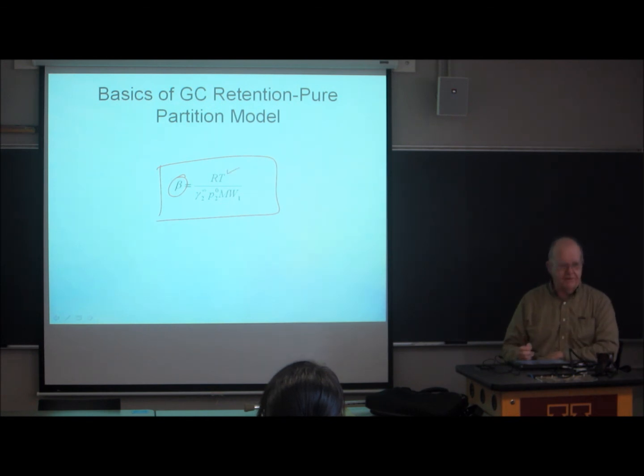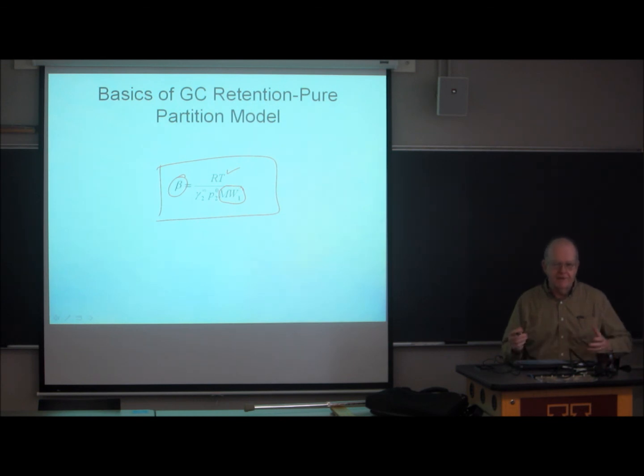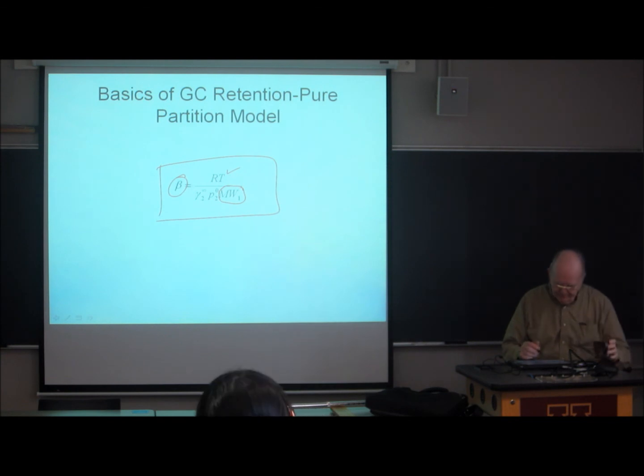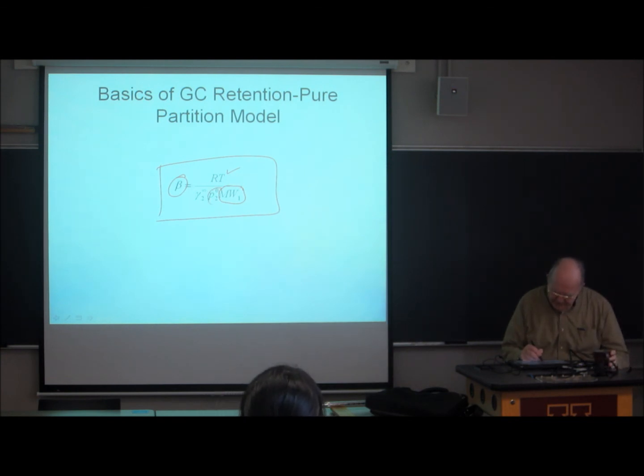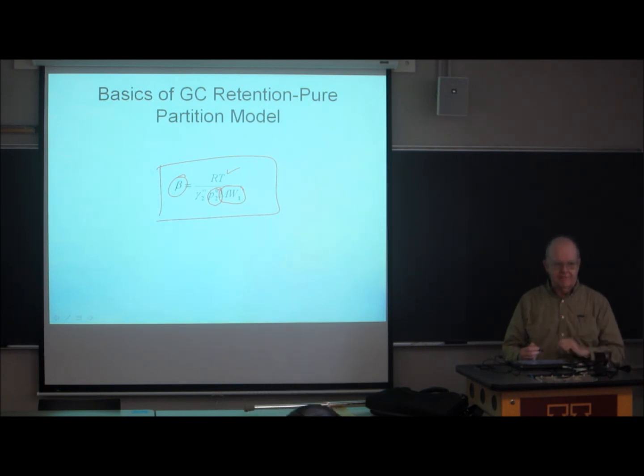So we need to know RT, that's not too hard. We need to know the molecular weight of the stationary phase. Well, that means you need to know what the stationary phase is, and so you calculate its molecular weight by adding up everything that's in it. You need to look up the vapor pressure of the pure solute at the temperature of the column.